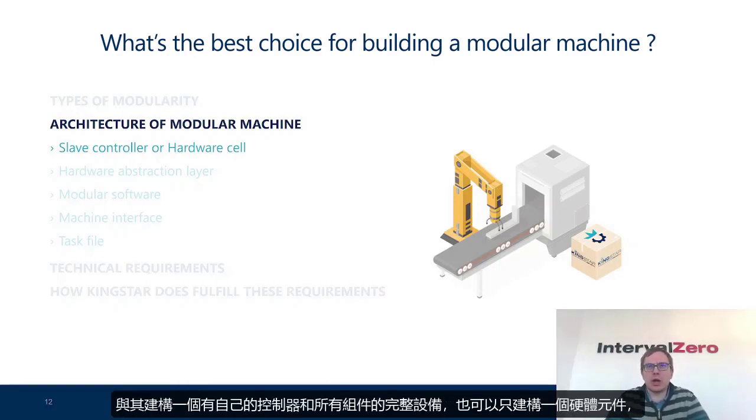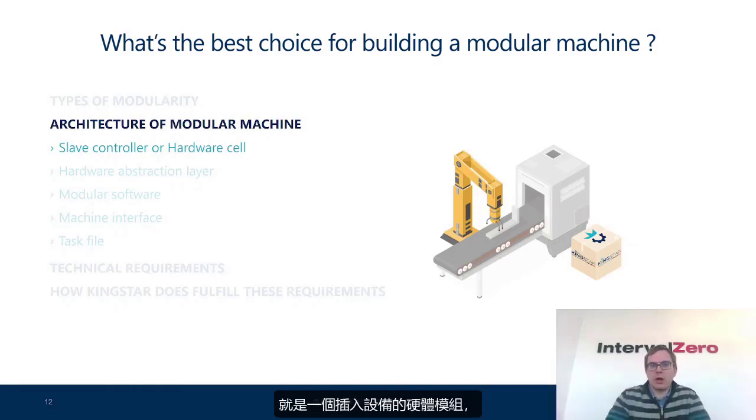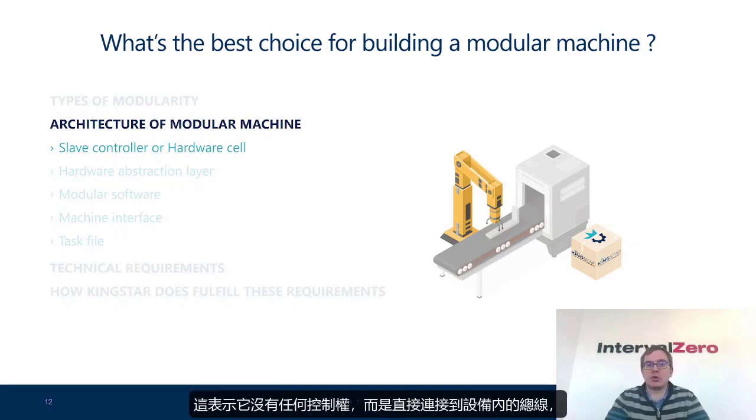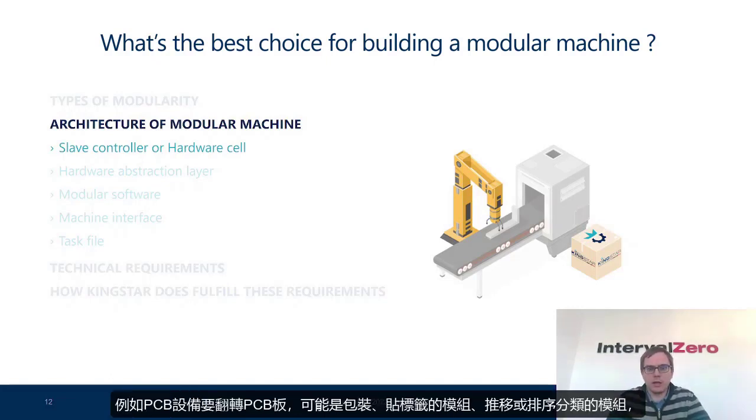Instead of it being a complete machine, which has its own controller, front end, and everything, it could be a hardware cell, which is a hardware module plugged into a machine. This means it has no controller at all. It only directly connects to a field bus inside the machine, and the main controller of the machine will connect and control it directly. So this is, for example, let's say in PCB, to flip a board.